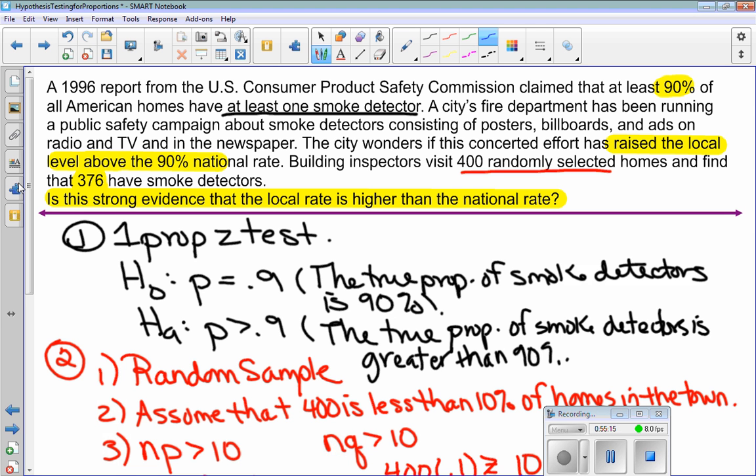Do you agree? So the likelihood that that happened by chance is really small, which is a good thing, which means that our sample was conclusive, wasn't it? Which means that we can do what? Reject the null, and we have evidence to support that their campaign worked, right?